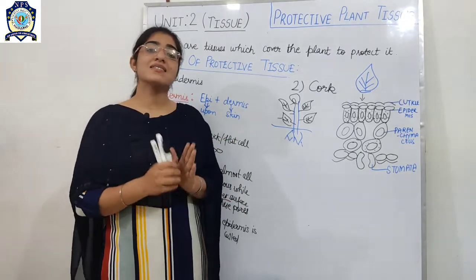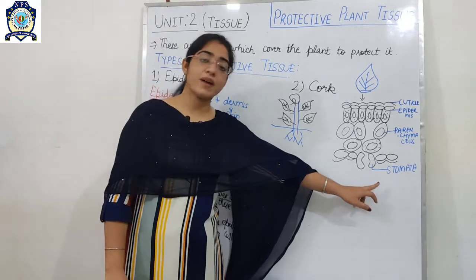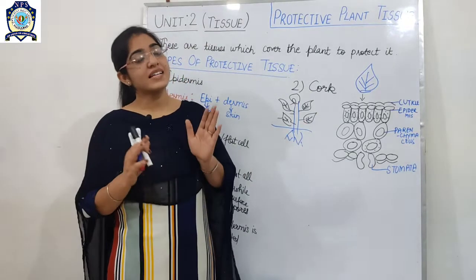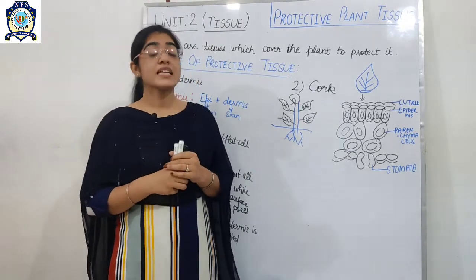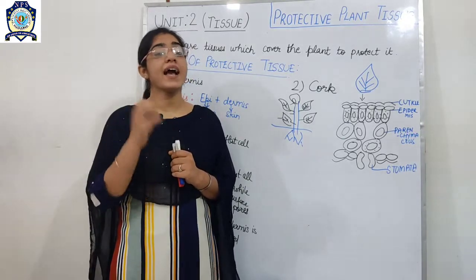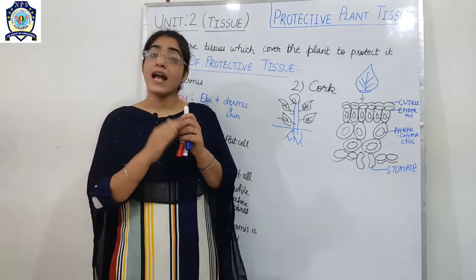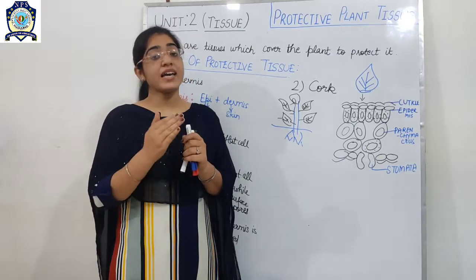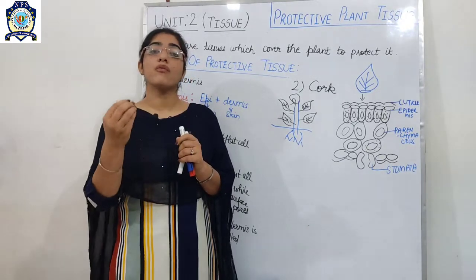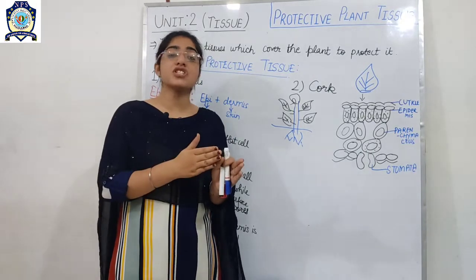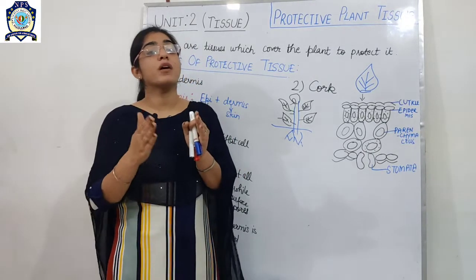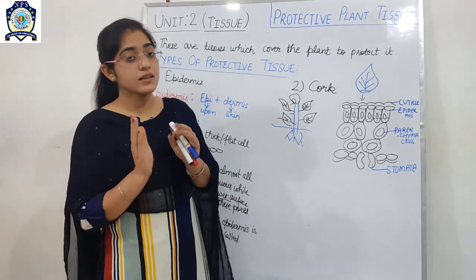Plants have stomata for the exchange of gases, and these stomata also help to check the excess loss of water, because plants require sufficient water to perform photosynthesis.